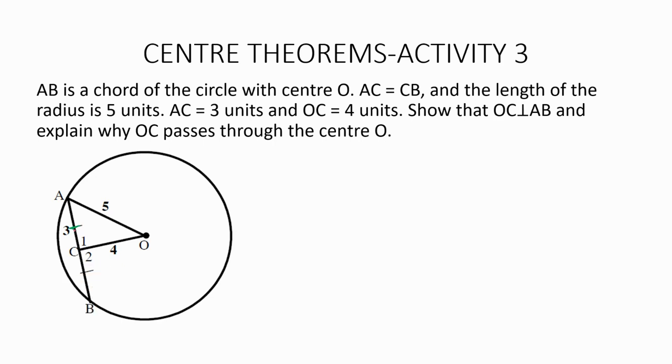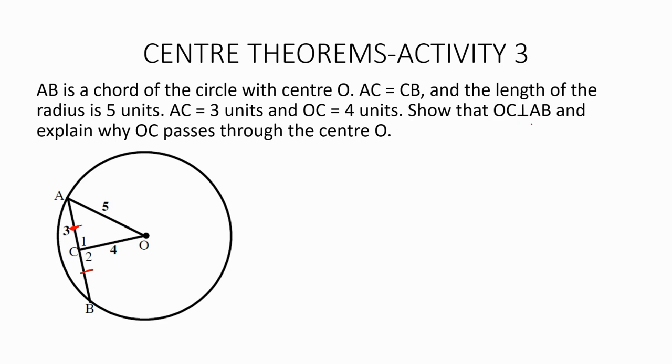AB is a chord of the circle with center O. We can see that the radius is 5 units, AC is 3 units, and OC is 4 units. You must know this Pythagoras combination.